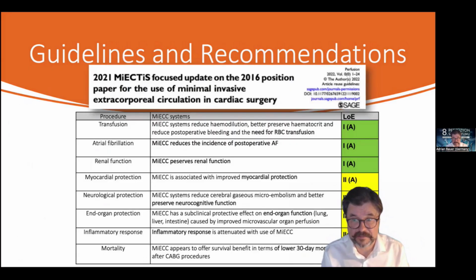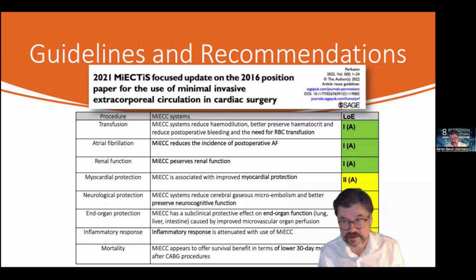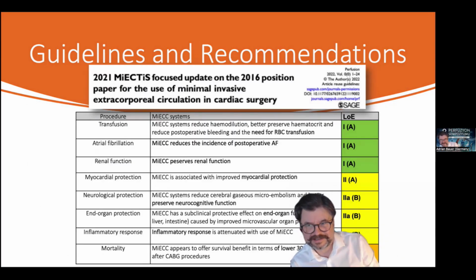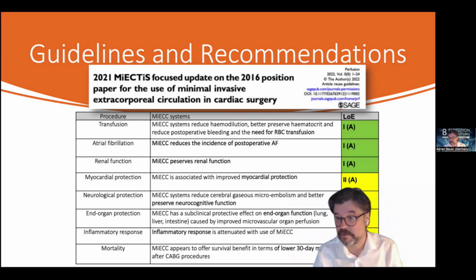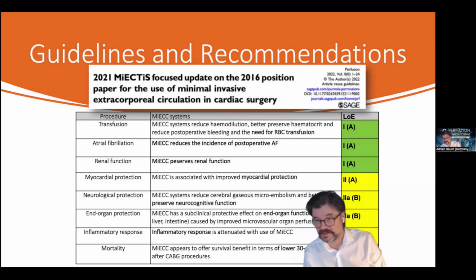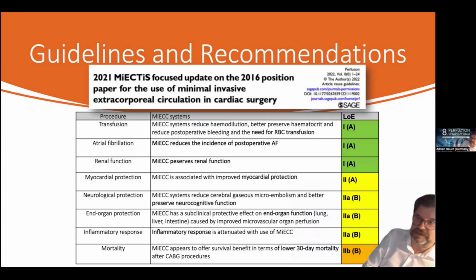You can have a better renal function, all that with a 1A, 2 recommendation. And if I go a little bit to the side, you find that for myocardial protection, neurological protection, and organ protection, and 2A for inflammatory response, and the mortality is also reduced, and it's a 2B.